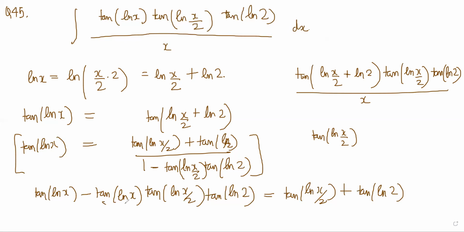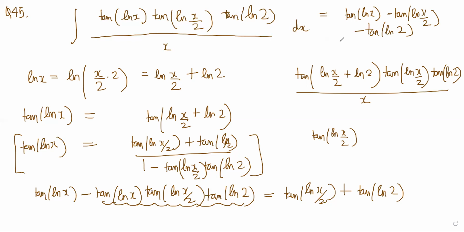So this quantity that we want to integrate is actually just simply a combination of tan ln x. This is the same as tan ln x minus tan ln x by 2 minus tan ln 2, divided by x.